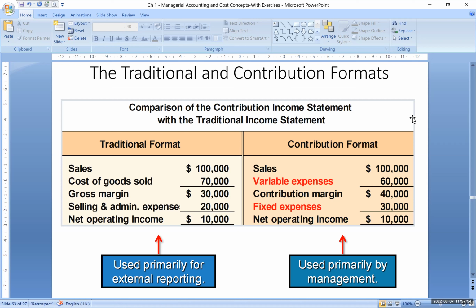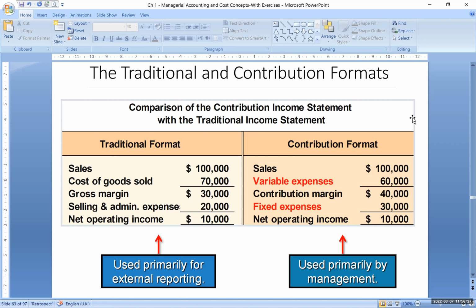So out of 70,000, we have 60 variable and 10 fixed. For the contribution format income statement, we have to use the variable expenses only for this calculation in order to calculate something important called contribution margin. In other words, how the variable cost contributes in earning or generating the net income.